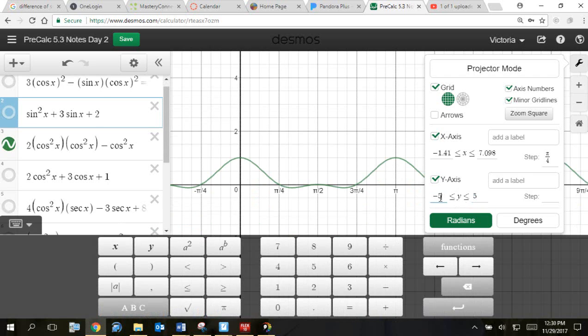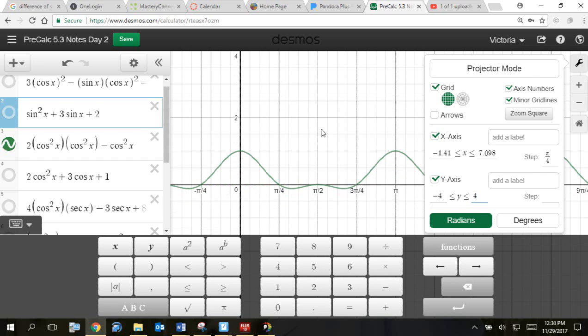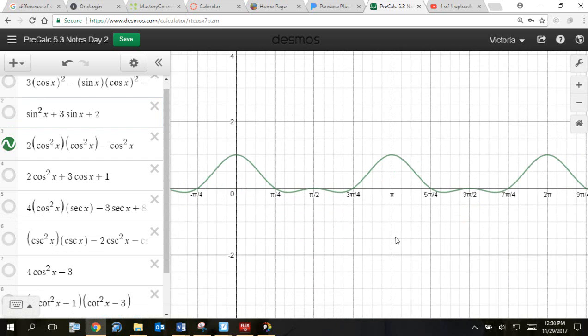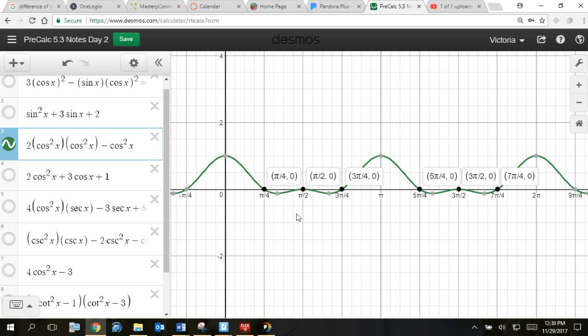I can kind of see it better. So between 0 and 2 pi, it should have 6 answers. So I'm clicking on those answers and checking to make sure our order is correct, that we have all the correct answers.